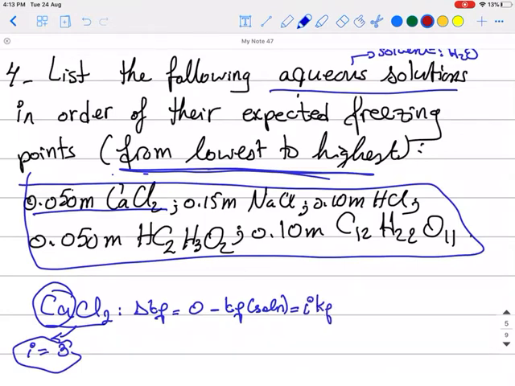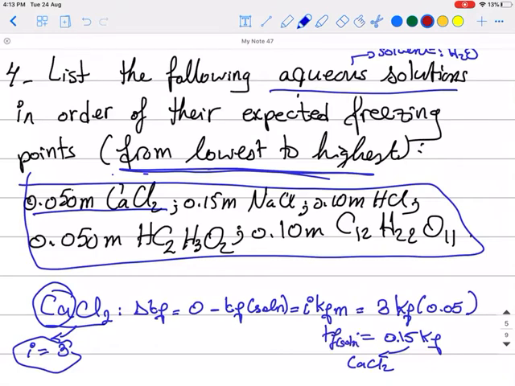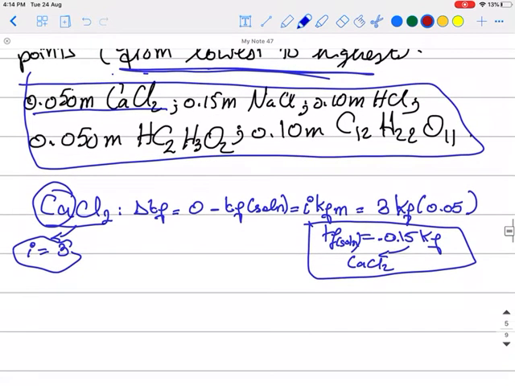So it will be i K_f times molality, which equals 3 times K_f, which I will keep as it is because it's constant for all, times the molality given, 0.05, and the answer will be 0.15 K_f. This is for calcium chloride. So T_f of the solution will be minus 0.15 times K_f.